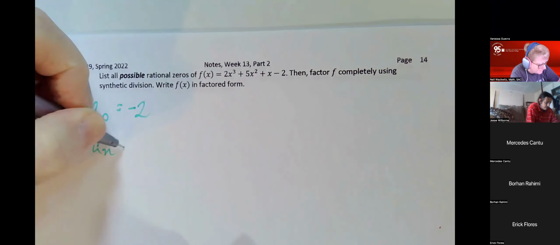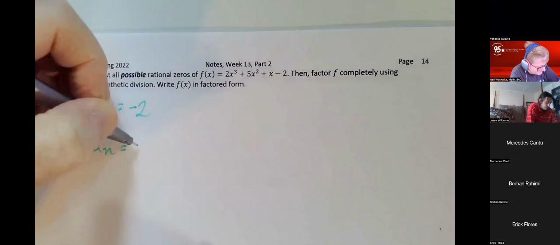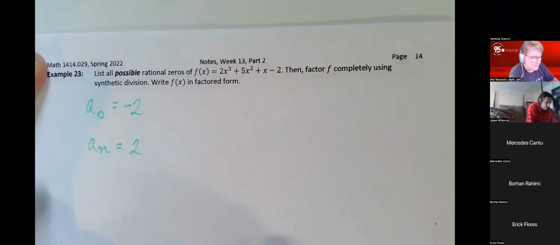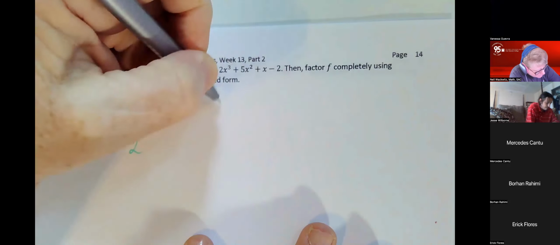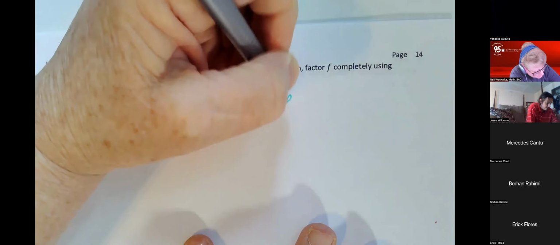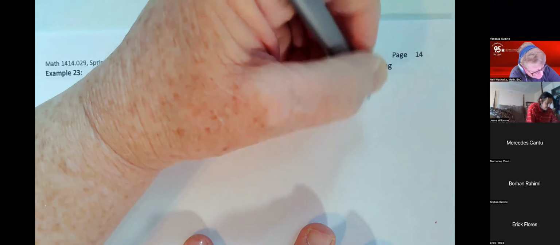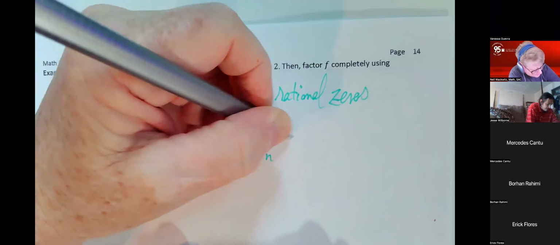And what's the leading coefficient? +2. Good. That means that the possible rational zeros are the factors of a naught divided by the factors of a sub n.